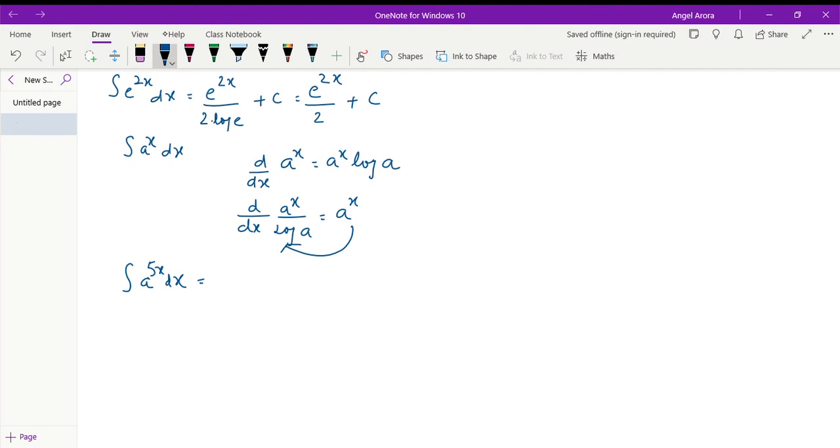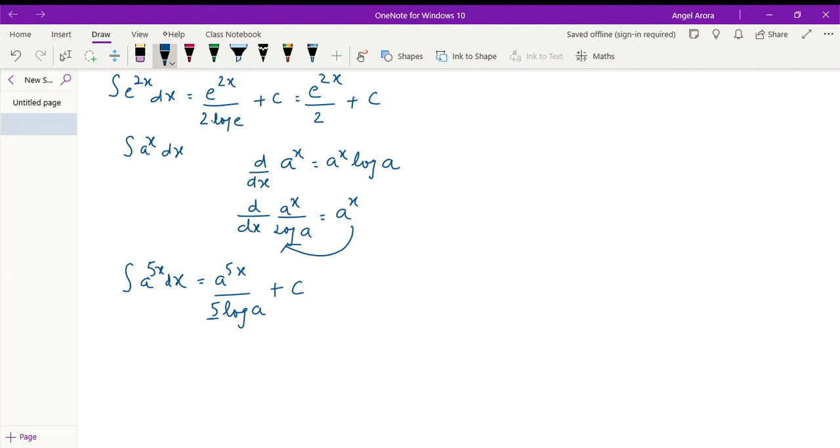It will be a^(5x) upon 5 log a. 5 is the derivative of 5x, which is the exponent of a. So it will be a^(5x) upon 5 log a plus c.